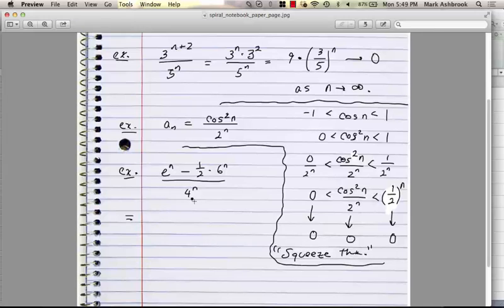You can't do that with a sum or difference in the denominator. But we know that we add and subtract with a common denominator, so we can go backwards and pull apart fractions with a common denominator. So we get e to the n over 4 to the n minus 1/2 6 to the n over 4 to the n.